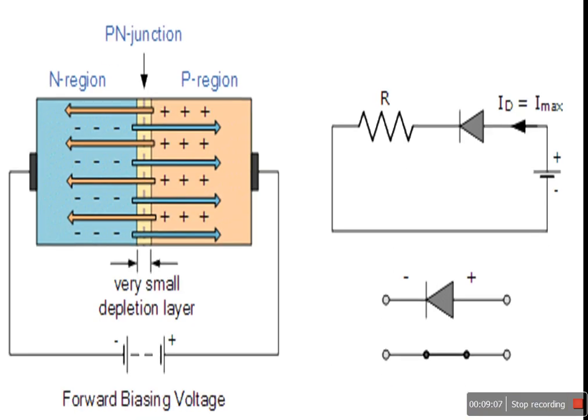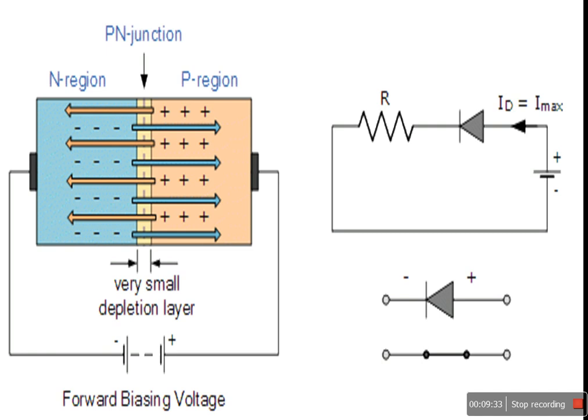The next one is PN junction with forward bias. Forward biasing is nothing but the application of an external voltage: you connect the anode to the positive terminal of the battery and the cathode to the negative terminal of the battery.